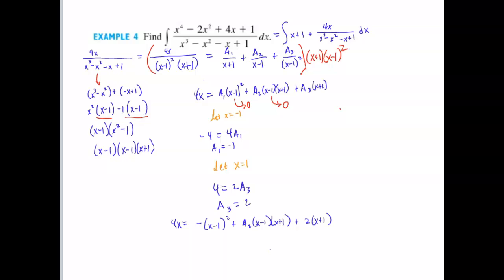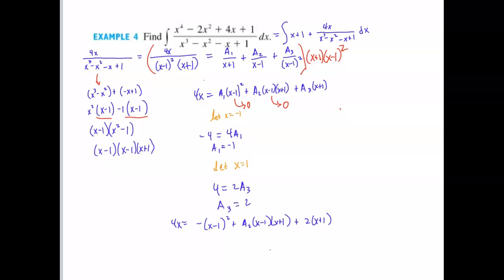Now, I wasn't able to choose any value for x that would let me eliminate the A1 and A3 terms and leave the A2 term. But now all I'm left to solve for is A2, right? And as I said, this is an equation, so it should be equal on both sides no matter what value we choose for x. So why don't we just choose some other value for x that won't eliminate A2 in this case?